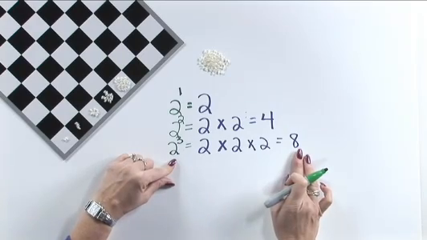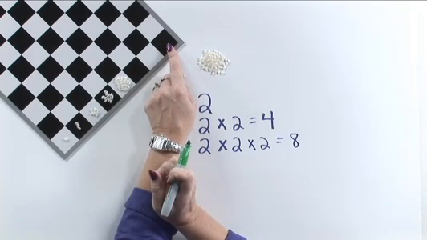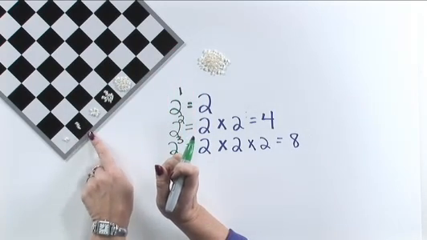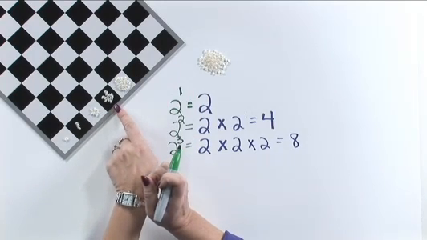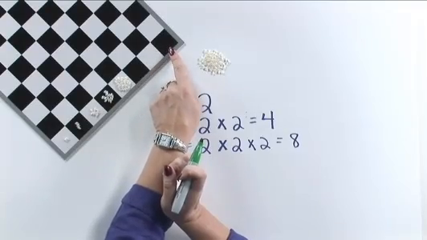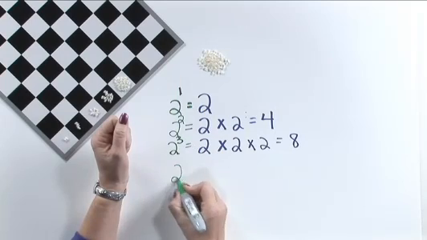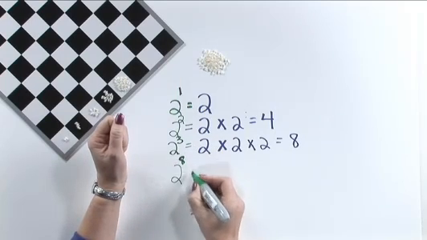And what are we trying to solve? Well, we want to know at the end of the first row, how many grains of rice would we have? Well, 1, 2, 3, 4, 5, 6, 7, 8. So the question that's being asked is, 2 raised to the 8th power is equal to what number?